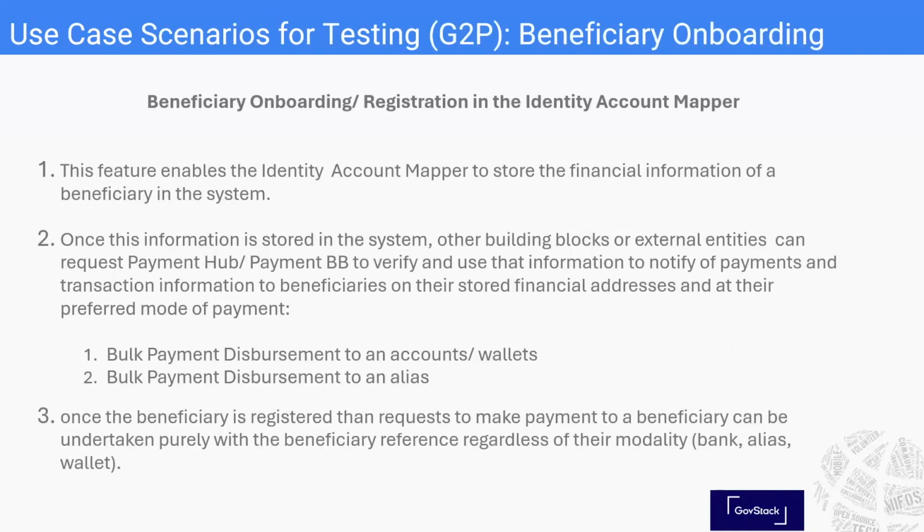All right. So, talking about the scenarios that we'll be talking about, first of all, the beneficiary onboarding scenario. Over here, it is important to note that the beneficiary onboarding scenario would be a continuation of some prerequisite scenario where some source building block, or a registration building block specifically, would have registered a beneficiary in their system and has to share that information with the payment building block so that they could keep that information in the identity account mapper.